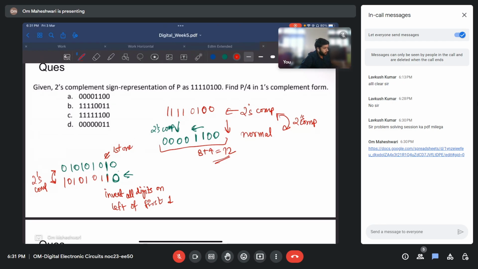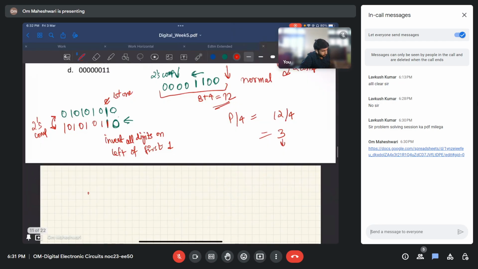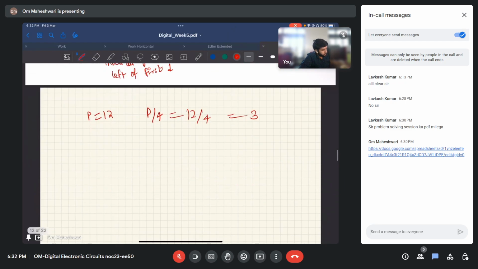So now the question is find P by 4, that is 12 by 4, that is 3. We found P equals to 12, P by 4 equals to 12 by 4 equals to 3 in base 10.